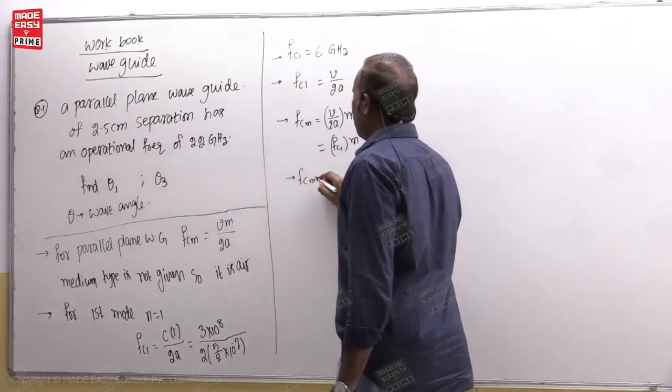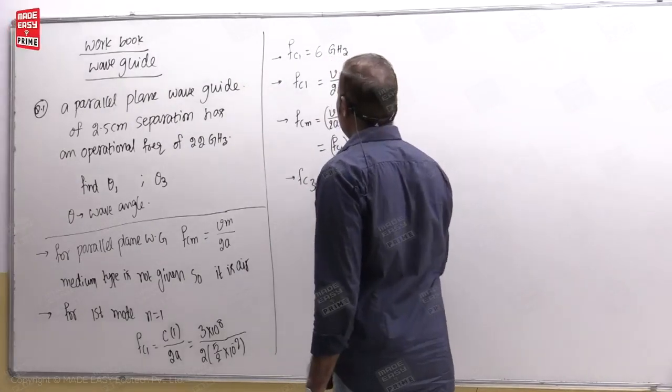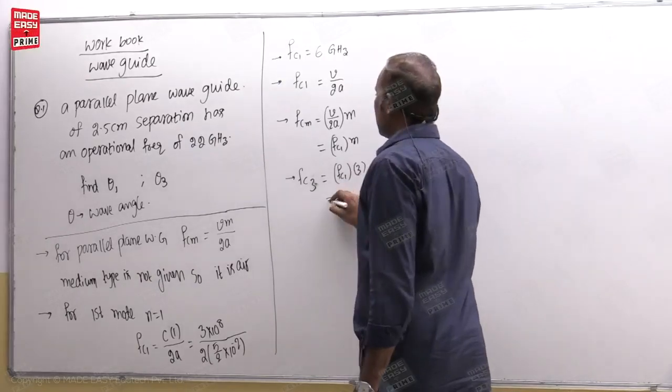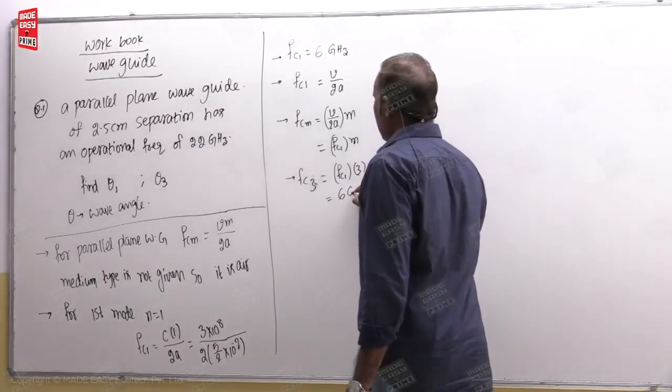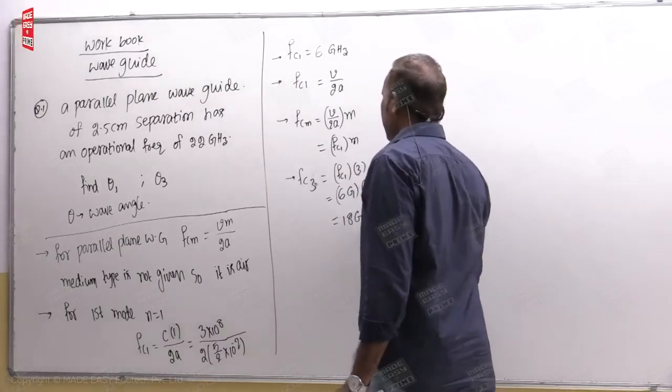So FC3 for third mode is equal to FC1 into 3. FC1 is 6 gigahertz multiplied with 3, that is 18 gigahertz.